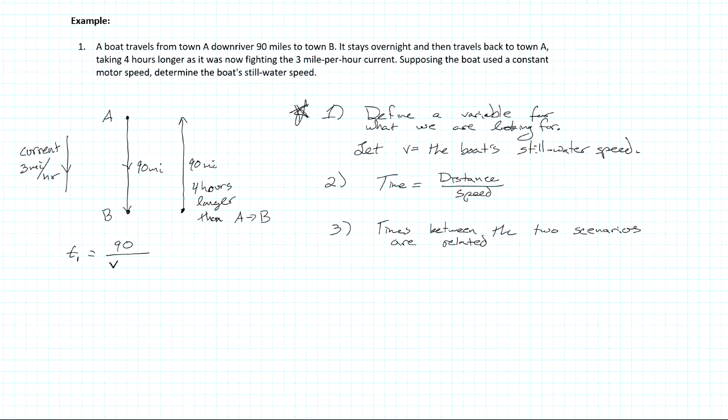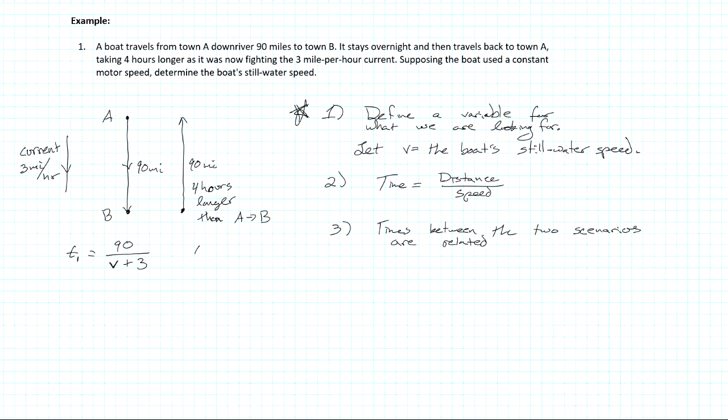When we're going with the current, that current of 3 miles an hour is going to be helping us. So we can add that 3 miles an hour to the speed we would be going in still water. And so this will be the time it takes us to get from A to B, depending on what we set the speed of the boat to be.